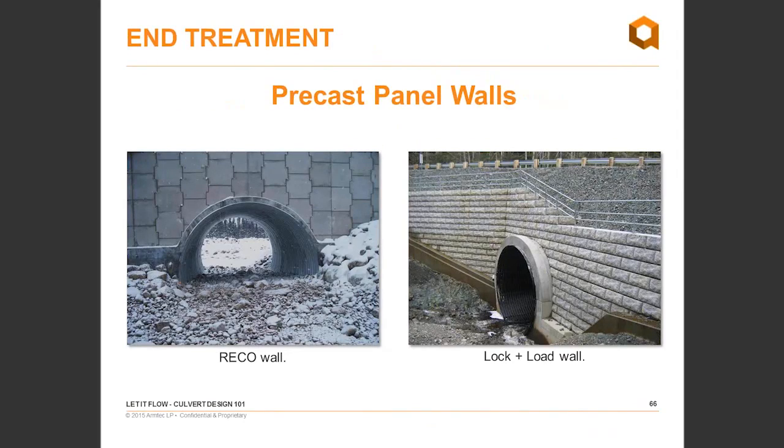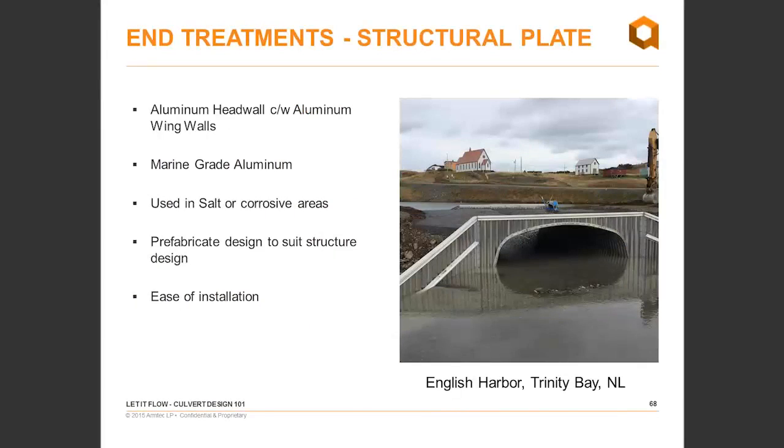Then we get into precast panel walls, other RICO walls, or Lock and Load walls. As this is a national presentation, some products are not available in all areas, but again, contact your Armtec representative for the applications available near you. And this is another picture of the installation of the Lock and Load walls.